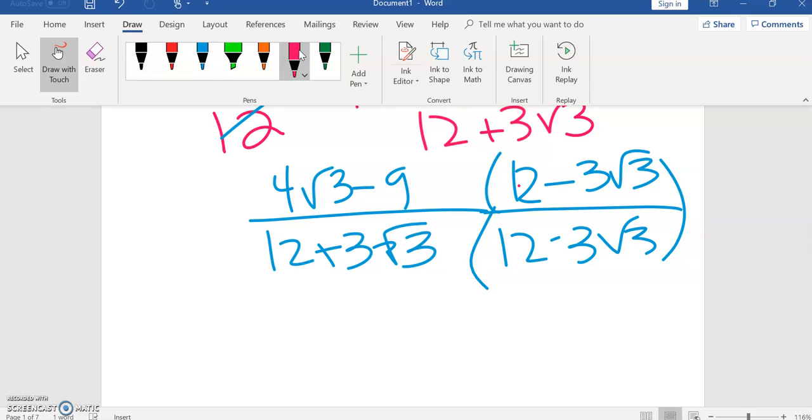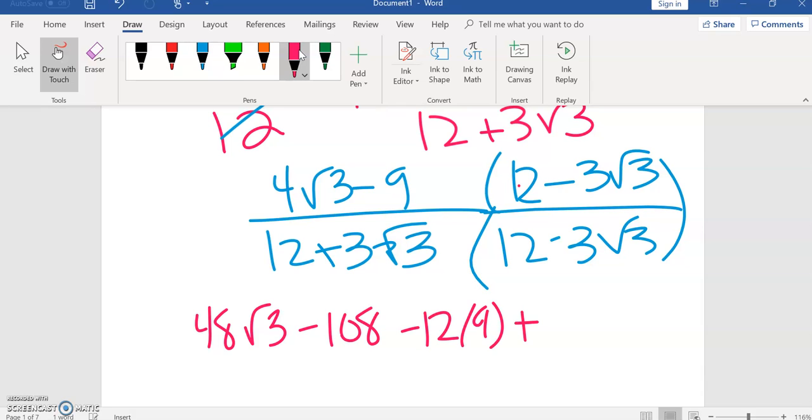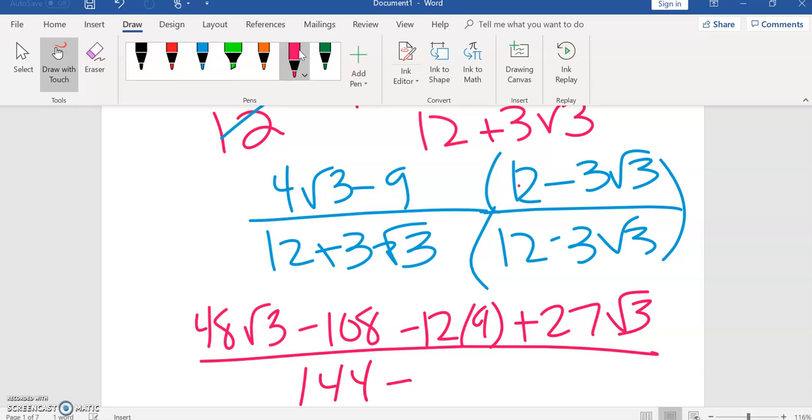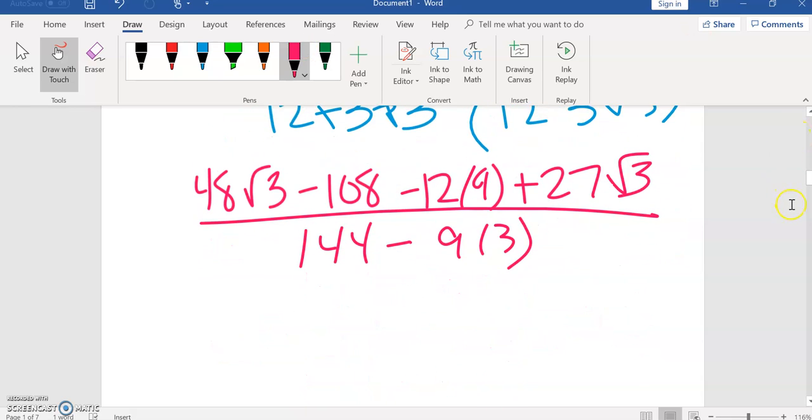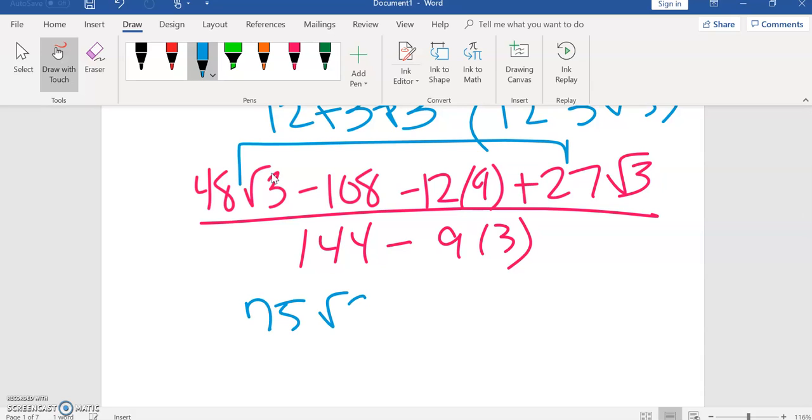And then in the top, I'm going to have 48 square roots of 3 minus 108 minus 12 times 9 plus 27 square roots of 3, over 144 minus 9 times 3. Okay, I'm getting somewhere, slowly. So let's see here. These are common denominators, so that's going to give me 75 square roots of 3. And then this is going to be minus, I have 108.